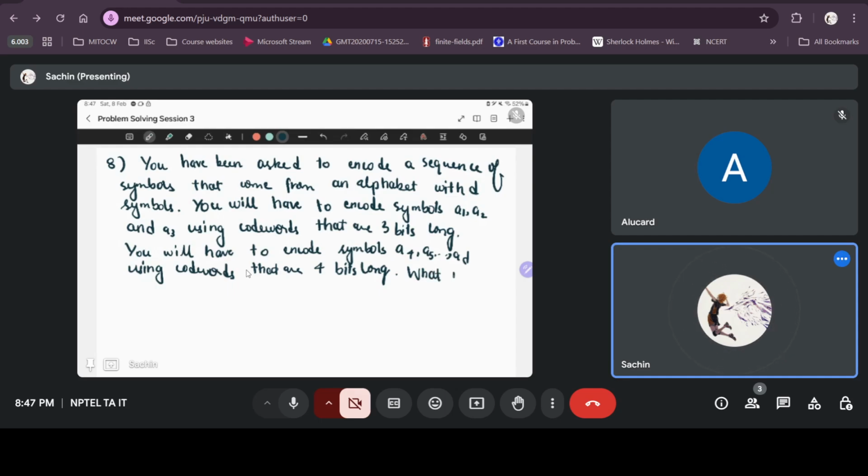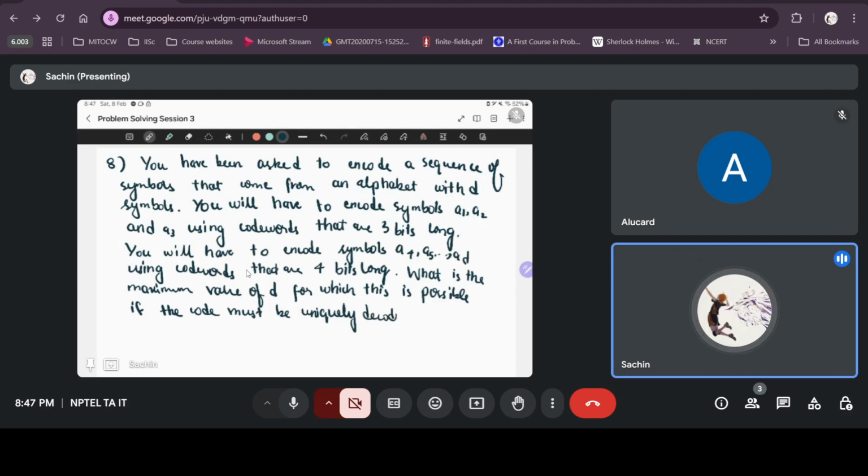What is the maximum value of D for which this is possible if the code must be uniquely decodable?